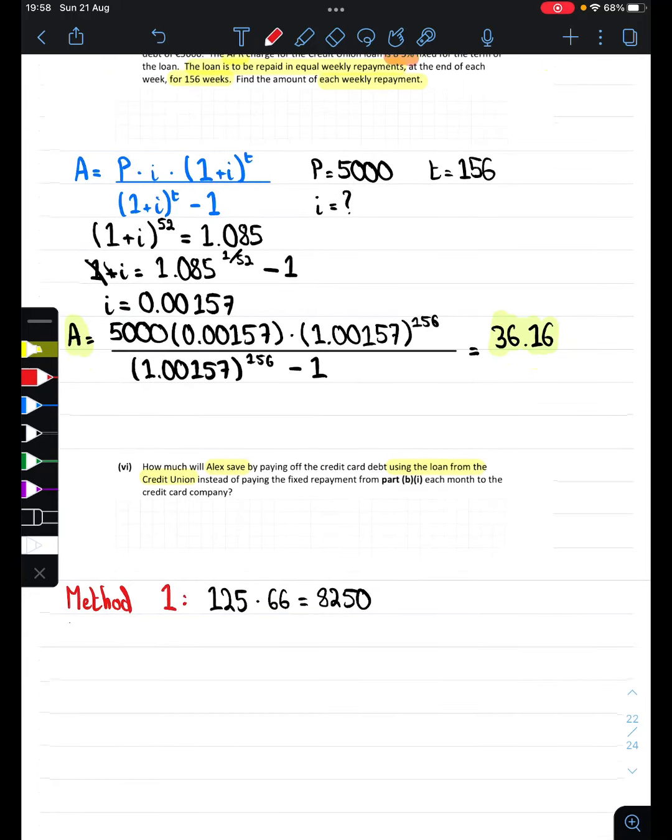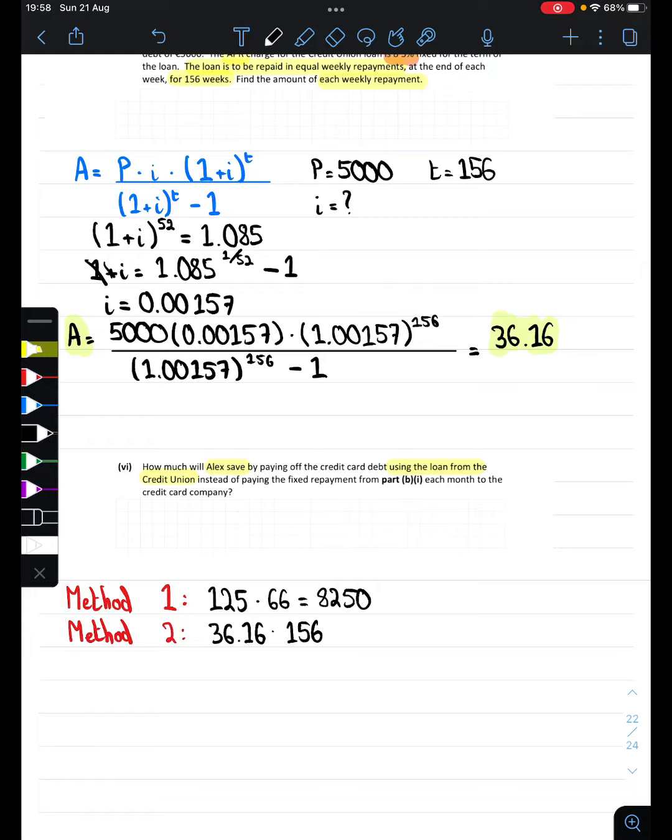But with the second method, by taking a loan from the credit union and paying off the credit card and then repaying the credit union, he has to pay 36 euro and 16 cent for 156 weeks.